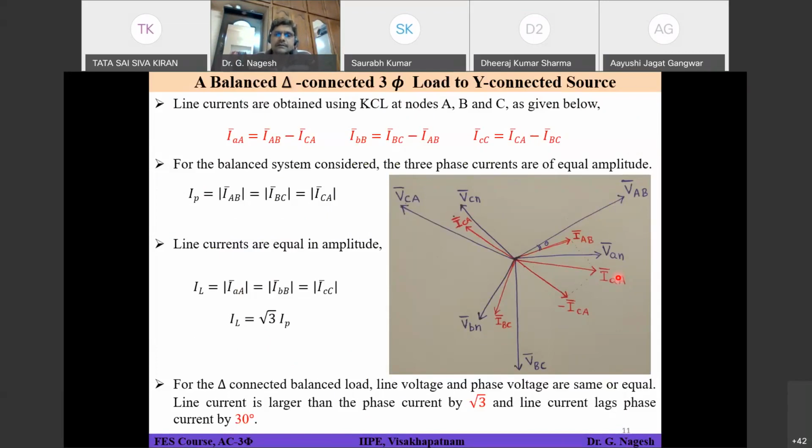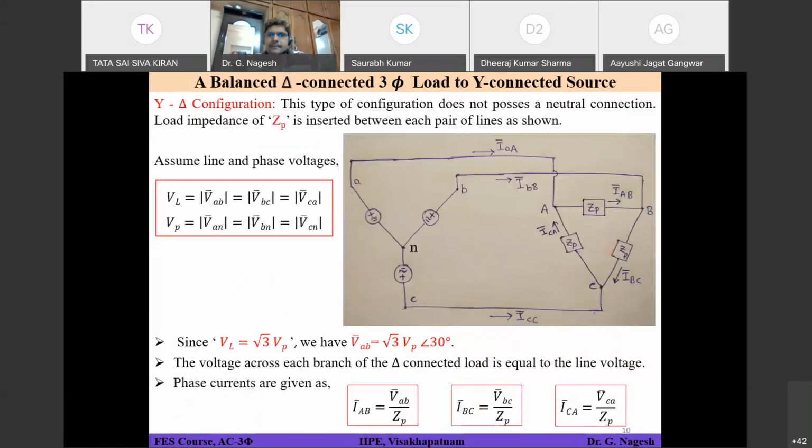Line current and phase current, in a delta connected system, as you have seen here, are not same. Line current will be lagging phase current by 30 degrees, and amplitude will be root 3 times more.